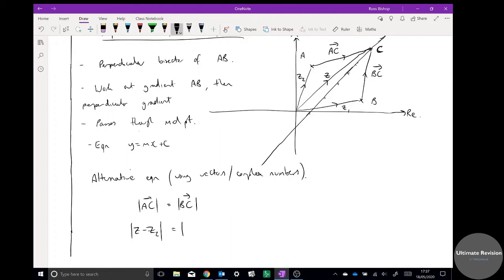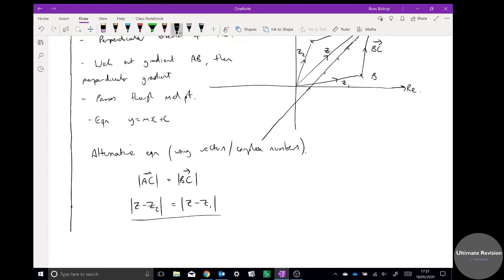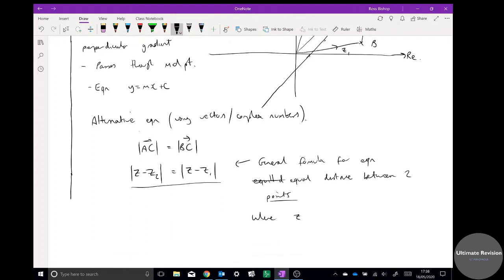And B to C is going to be Z, well, minus Z1 plus Z, Z minus Z1. And that there is the general formula for the equation of equal distance between 2 points, where Z2 and Z1 are the points. Although we've described them as vectors, it's really the same thing.